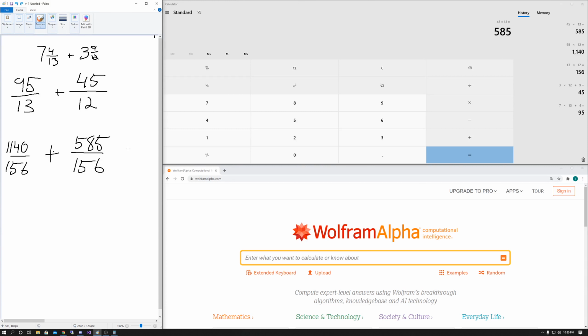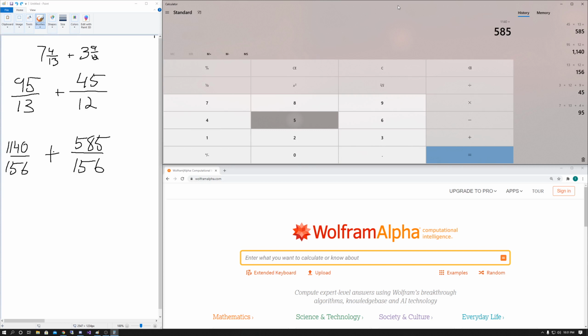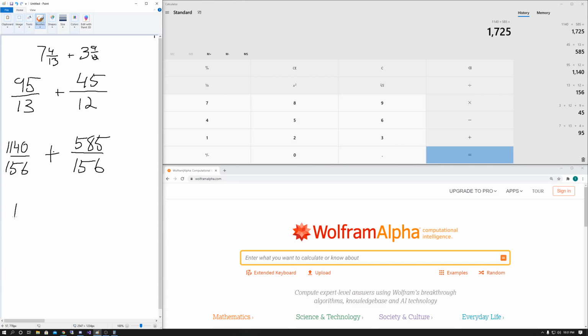Alright, now that the denominators are exactly the same, all you have to do is just add across. So we're going to do 1140 plus 585, which gives us 1,725. We're going to bring down the denominator.